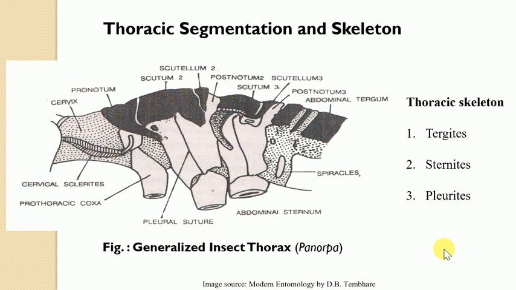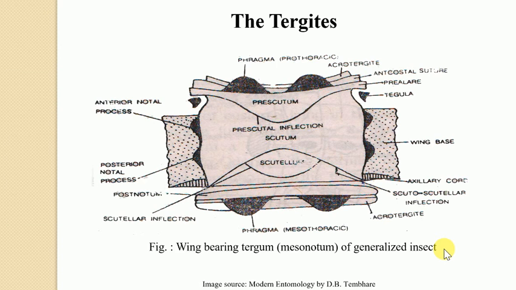Before starting with the pleurite, let's take a quick summary of the previous lecture, the tergite. The tergite is the dorsal sclerotic plate found in the insect.